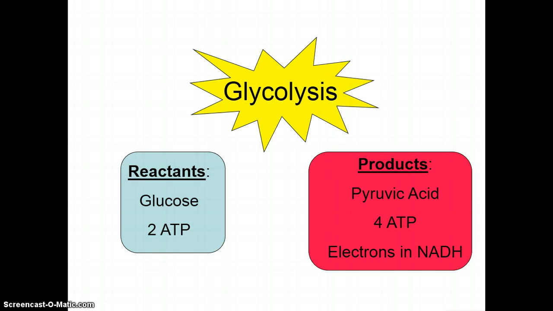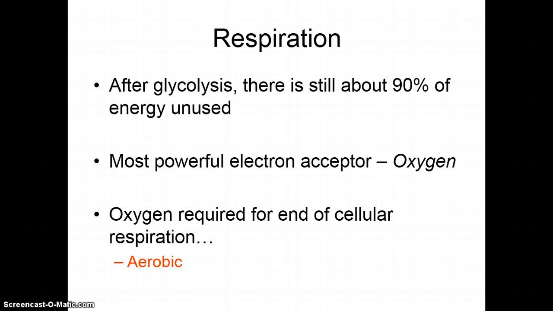So glycolysis starts with glucose and 2 ATP to provide the energy that breaks the glucose down into pyruvic acid, 4 ATP, and electrons that are being transported by the NADH. So after the quick glycolysis reaction, still about 90% of the energy is unused.